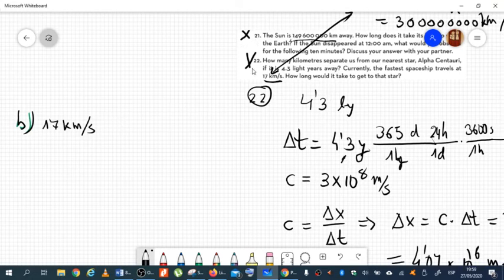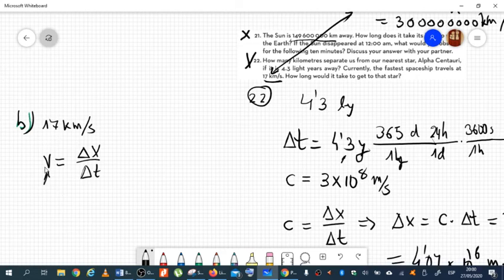Okay, we were speaking. We had to calculate the time taken by this spaceship traveling from here to Alpha Centauri. So the formula is this one: v is equal to the distance divided by the time, because now we use v, because it is not the light traveling, it is a spaceship.